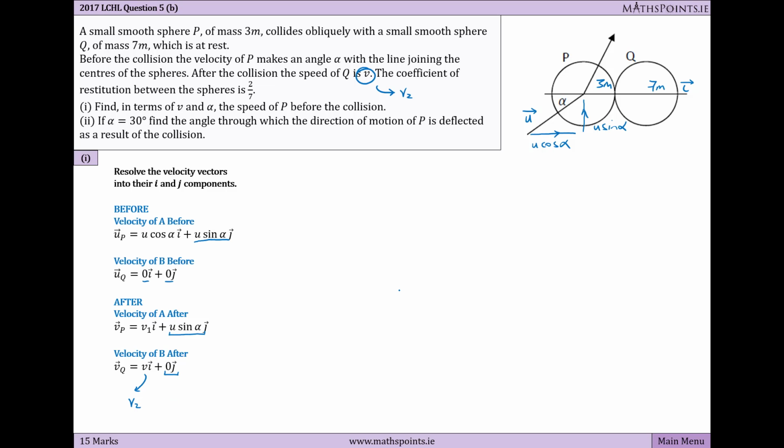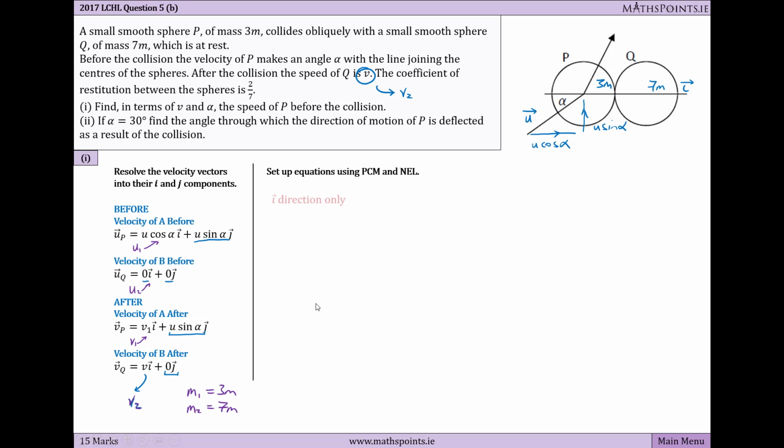And again, just to emphasize, note that the j velocities did not change as a result of the collision. So if we apply the PCM and the NEL, we have u1 is equal to u cos alpha, u2 is equal to 0, v1 is v1, and v2 we're going to call v. The masses: m1, the mass of the first sphere, is 3m, and m2, the mass of the second sphere, is 7m.